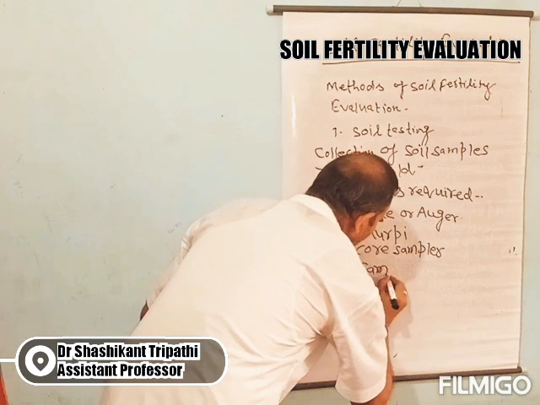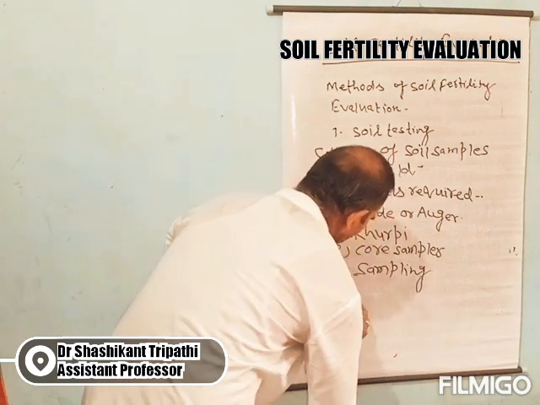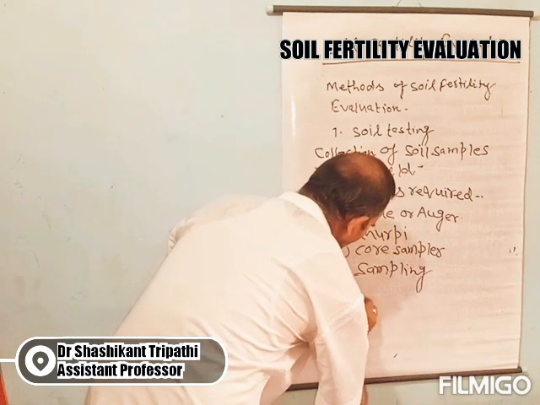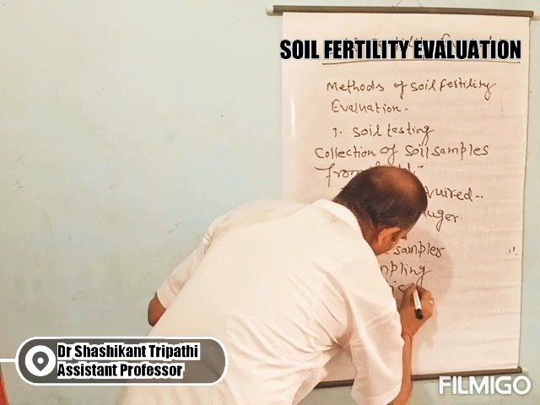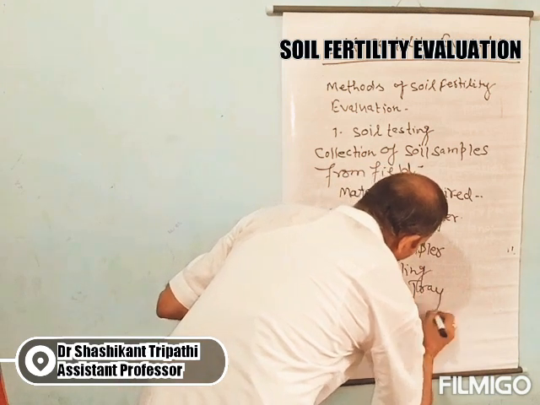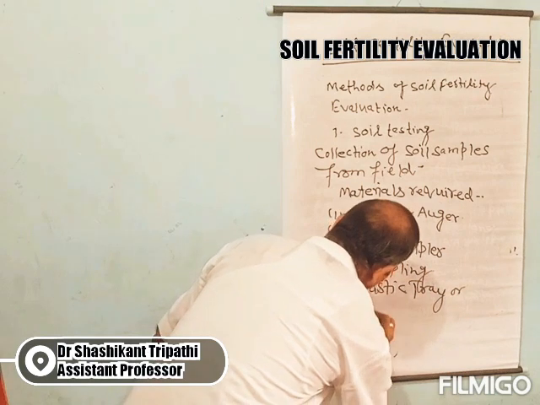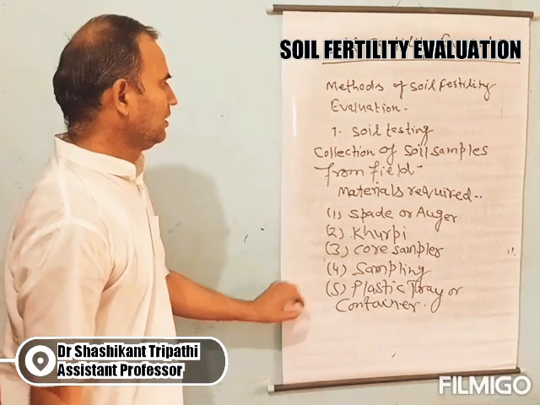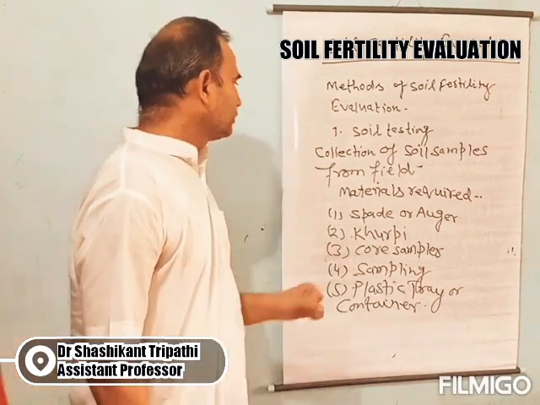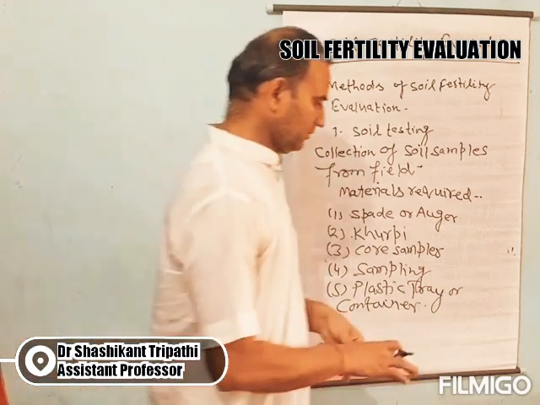Sampling bag. And next, plastic tray or container. These are the materials which are required to collect the samples.